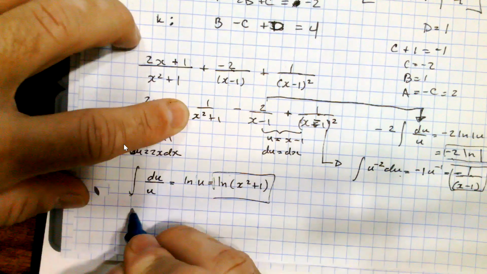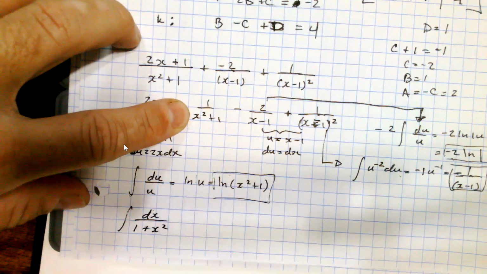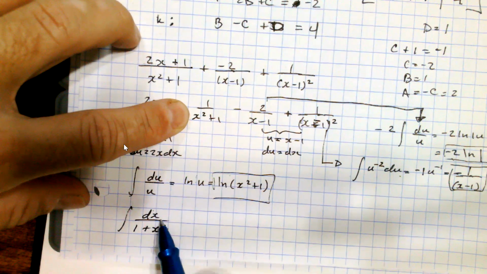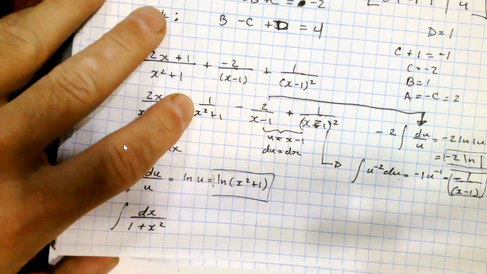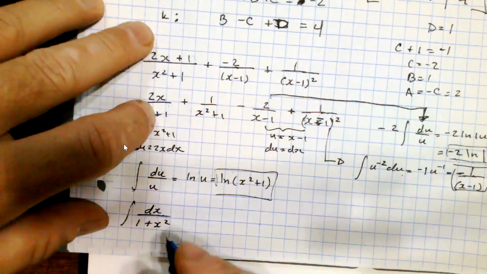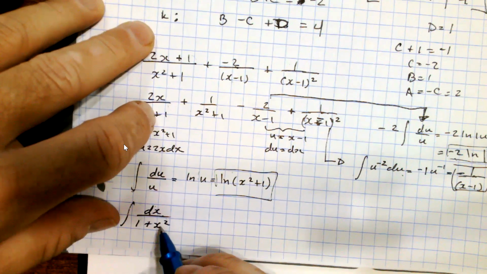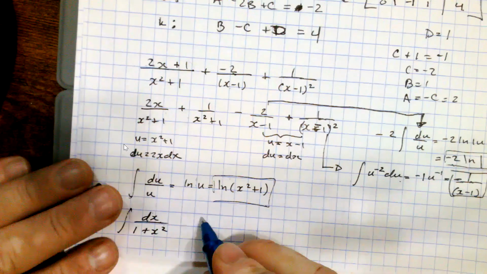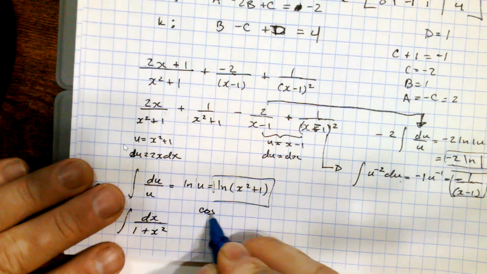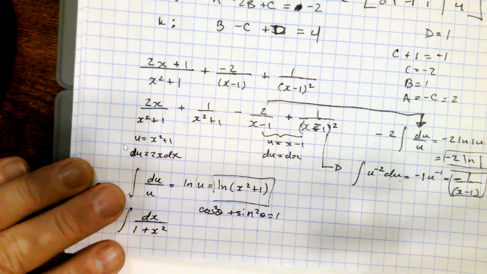All right, so we have the integral of dx over 1 plus x squared. This is a plus x squared, and so that form makes me believe that the positive form of this substitution should be, so just like before, starting with cosine squared theta plus sine squared theta equal to 1.